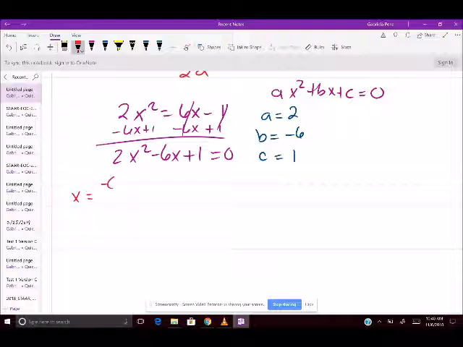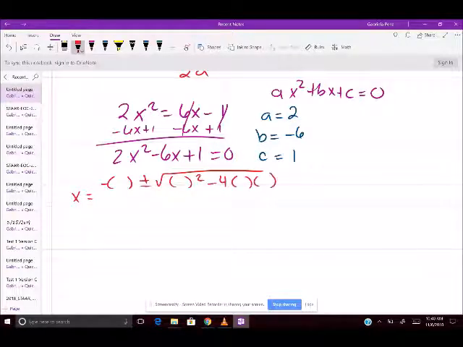So now we're actually going to use the formula. x equals negative b plus minus square root b squared, and you can write it with parentheses. So every parentheses needs to be replaced by an a, b, or c from that problem.